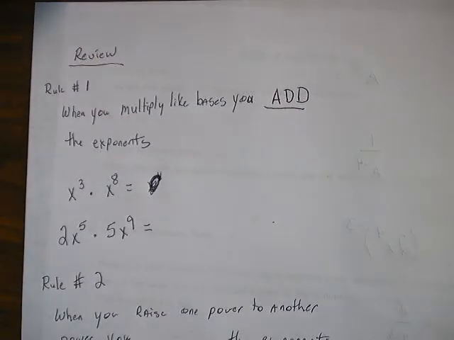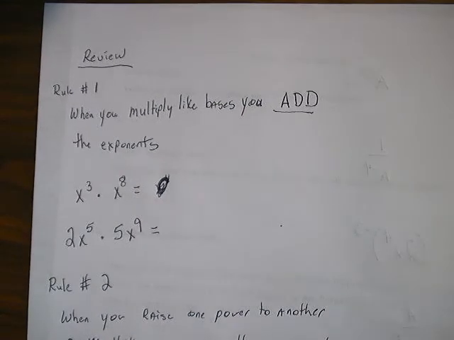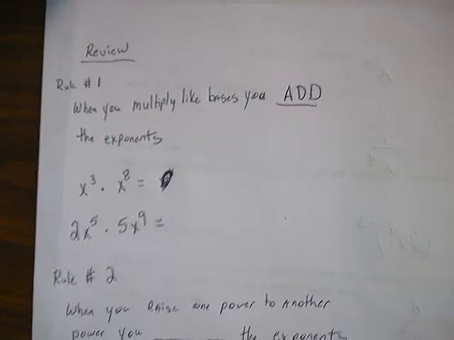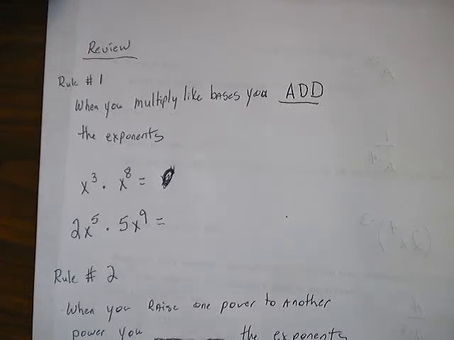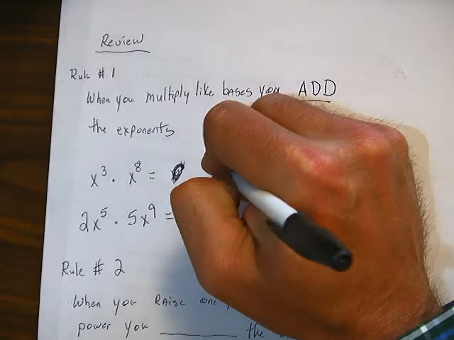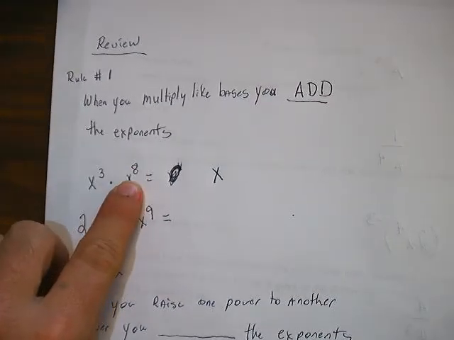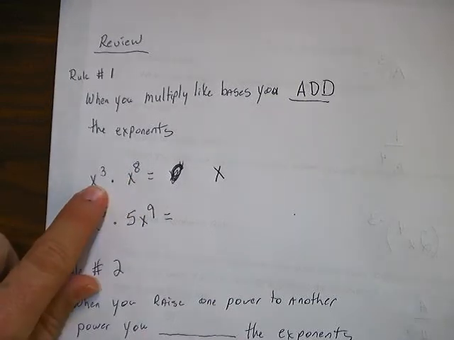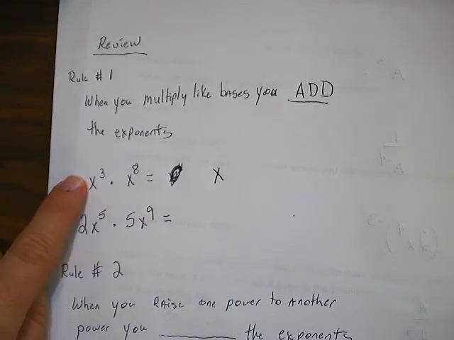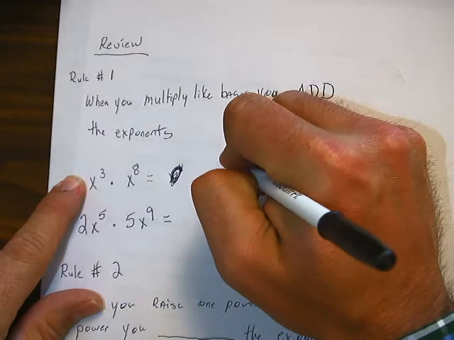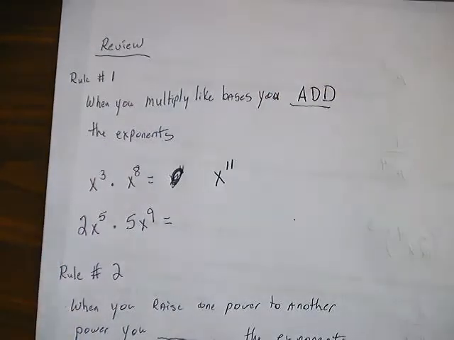Keep the like base, and then add the exponents. For instance, we have x to the third times x to the eighth. What's the base? The base is x. Now, we have 8 x's here and 3 x's there. 8 plus 3 is 11. So we have x to the 11th power.